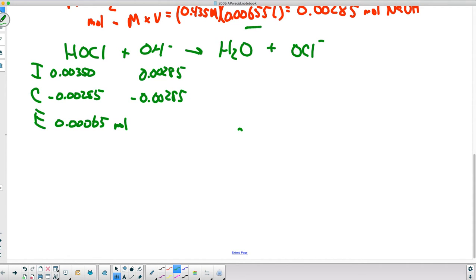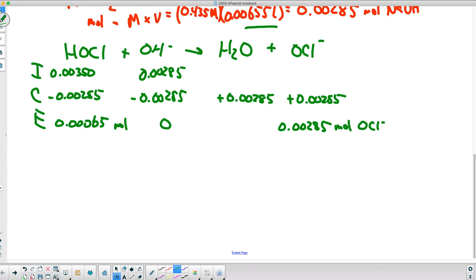From adding 6.55 milliliters and 20 milliliters together. This is going to end up as 0. So obviously over here there's going to be plus 0.00285, just in case we need this information. We don't need the water, but we may need this, and that is the number of moles of OCl minus.